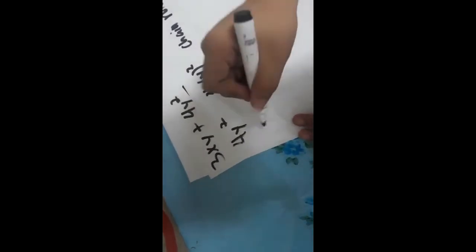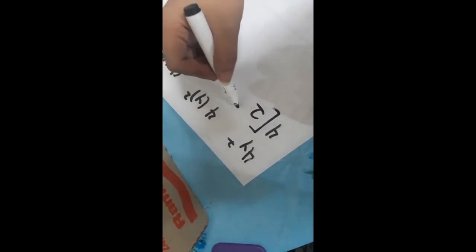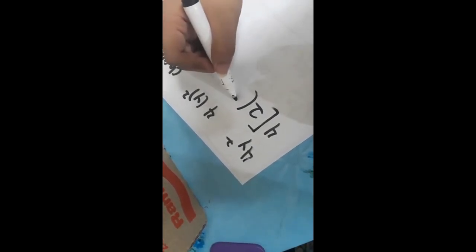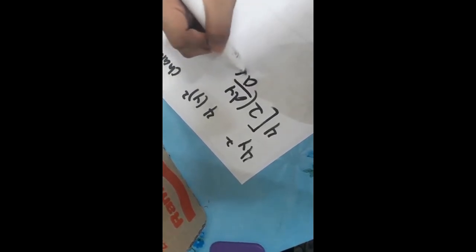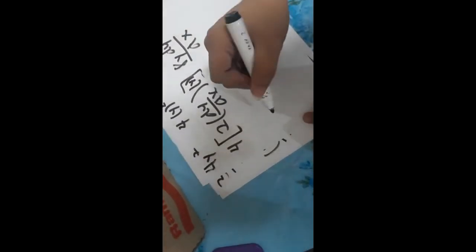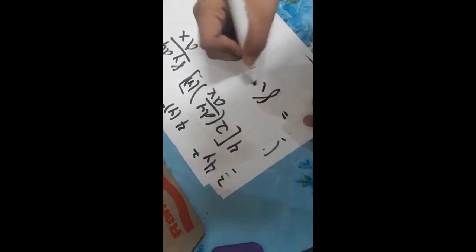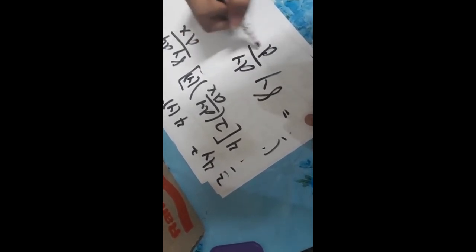So we'll write 4 times 2 times the derivative of y, which is dy over dx, giving 8y dy over dx. So your answer for the second term will be 8y dy over dx.